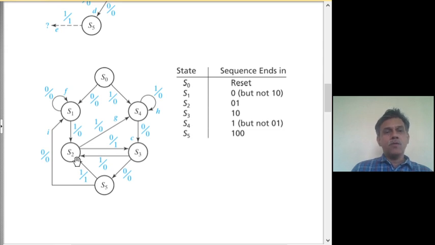So, now we have clubbed both these partial state graphs handling the pattern 0, 1, 0 and 1, 0, 0, 1. Okay. But still the other possibilities have to be worked out. All possible infinite sequences have to be handled.